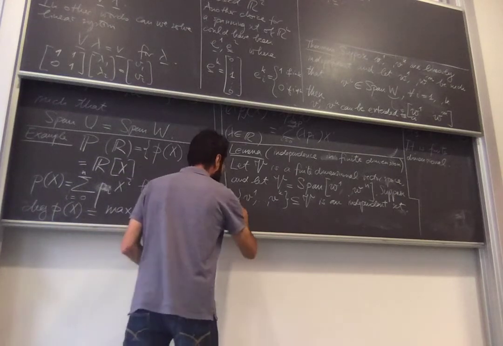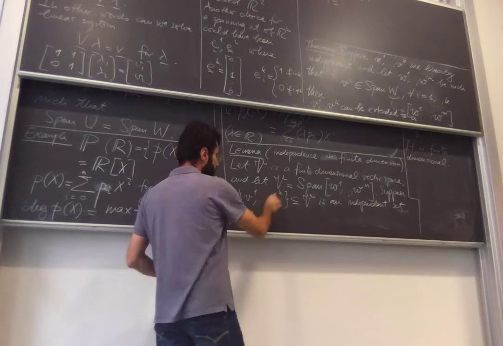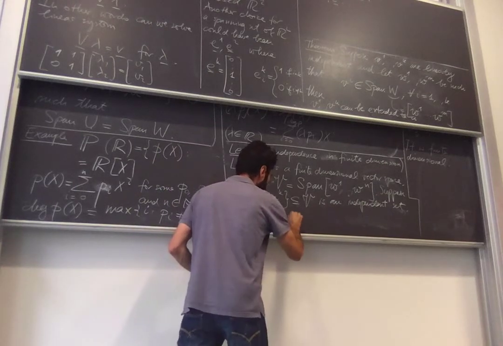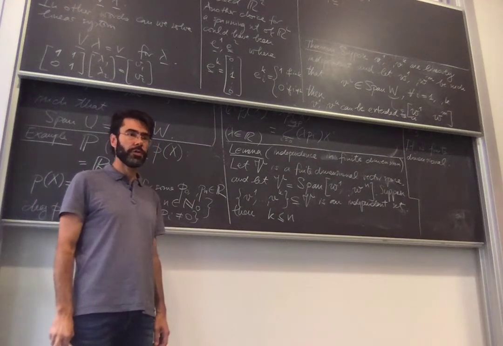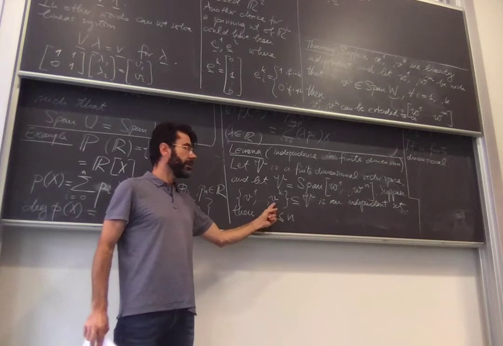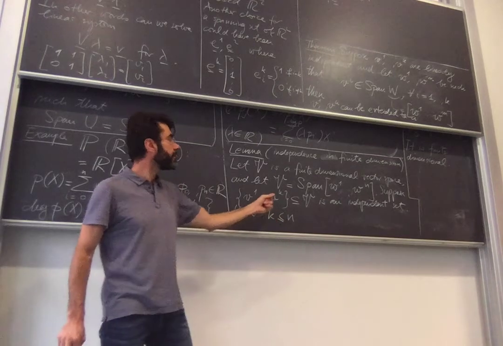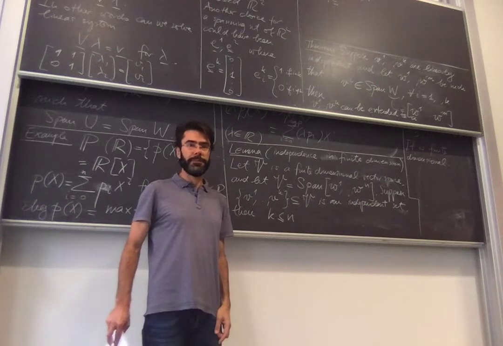Then k has to be smaller or equal than n. Okay, this is crucial. The count of independent vectors cannot exceed that of a spanning set.